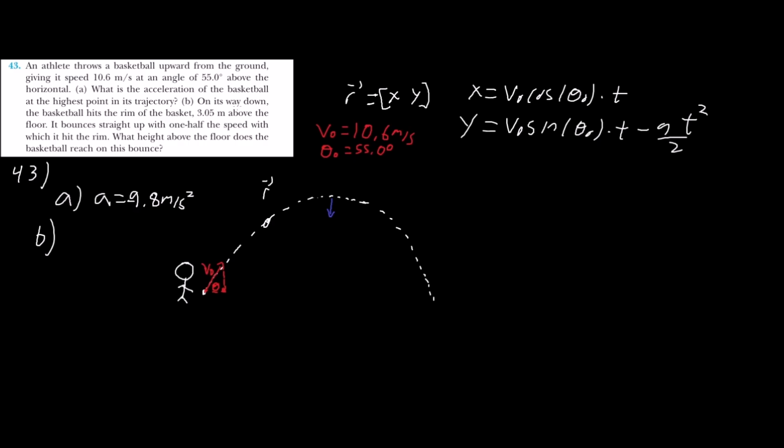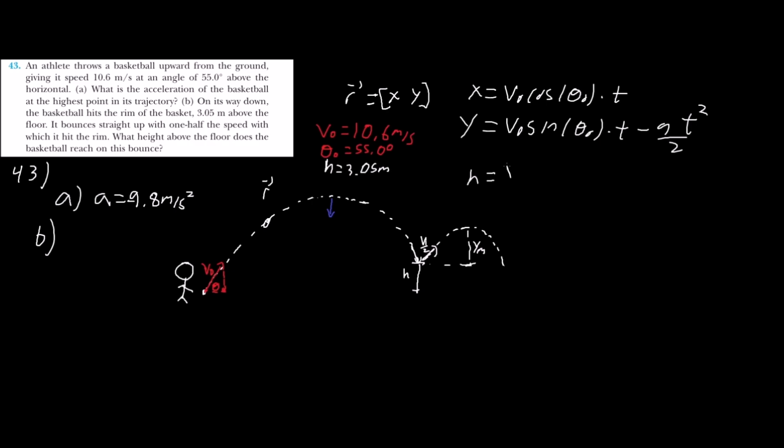Part B: on its way down, the basketball hits the rim at 3.05 meters above the floor. It bounces straight up, at 1/2 the speed with which it hits the rim. What height above the floor does the basketball reach on this bounce? So now you have a situation where the basketball is going to bounce. I'm going to call the rim height h, and h here is going to be 3.05 meters.